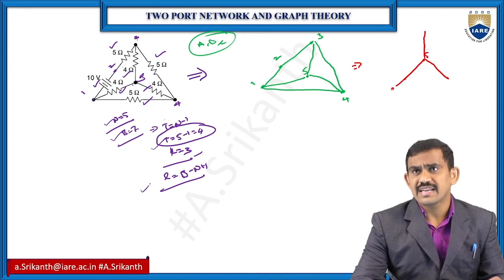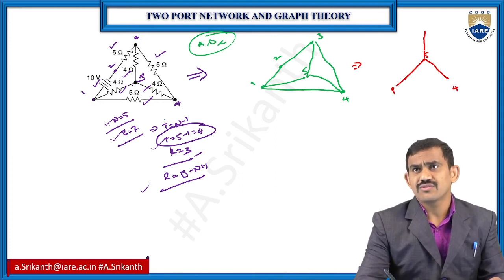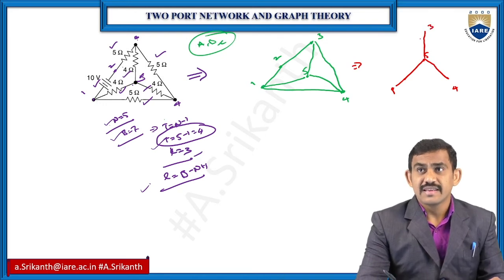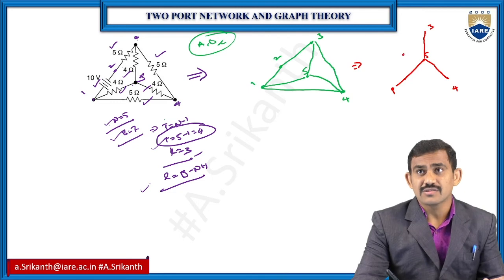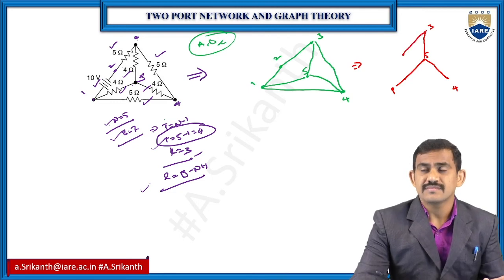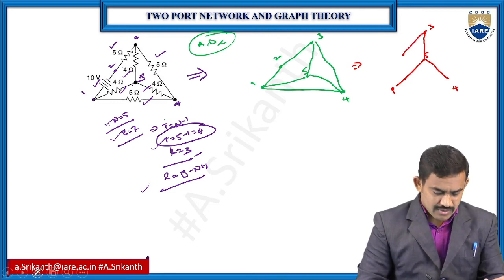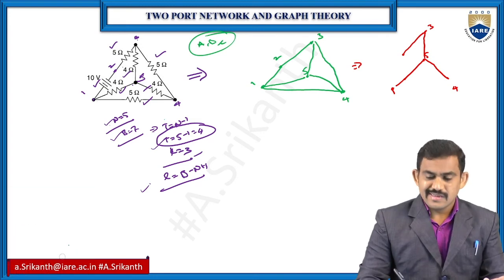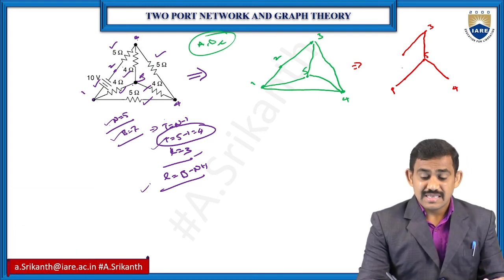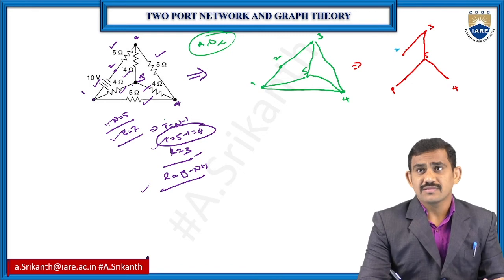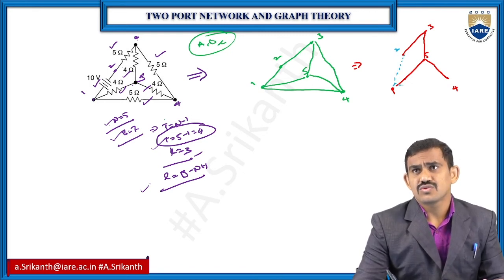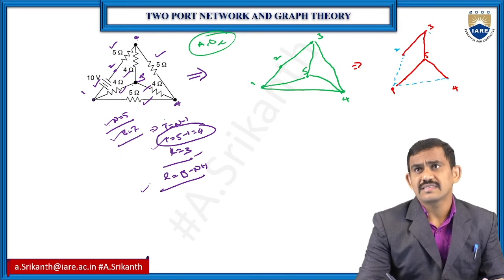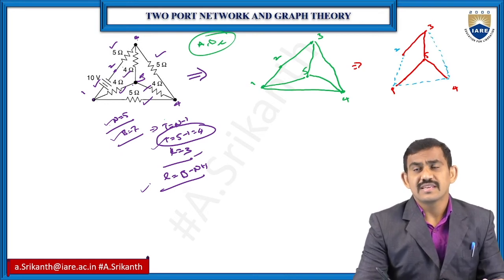So node 1 is connected, node 4 is connected, node 5 is connected, and node 3 also connected. Then I require 4 trees. So we have more nodes, second node also. Just connect this one. So this is my trees now, not in loops and connected to each node. So the second node also connected. Then the remaining are co-trees, 1, 2 and 3. This is my co-tree.